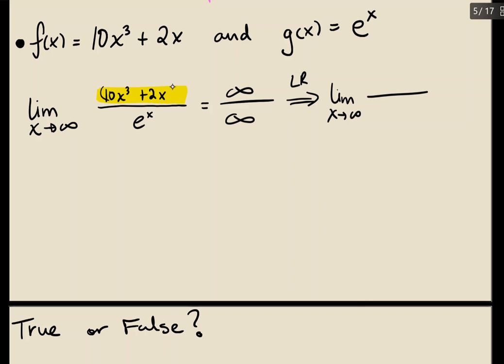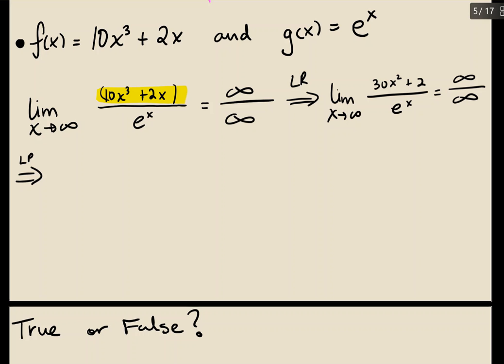So the derivative of 10x cubed plus 2x would be 30x squared plus 2. Derivative of e to the x is e to the x. And as we consider this limit, again we have infinity over infinity, because this parabola goes to infinity as x goes to infinity, and e to the x is still going to infinity. So again, we need to use L'Hopital's rule.